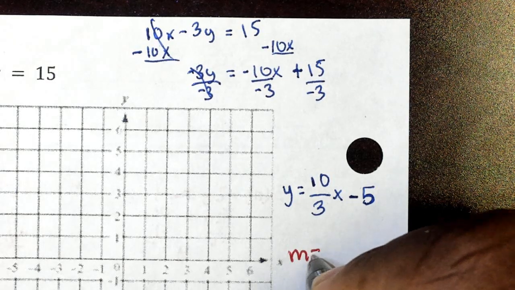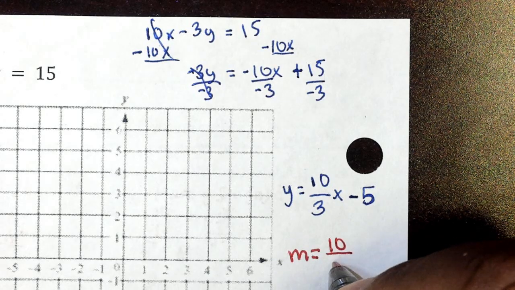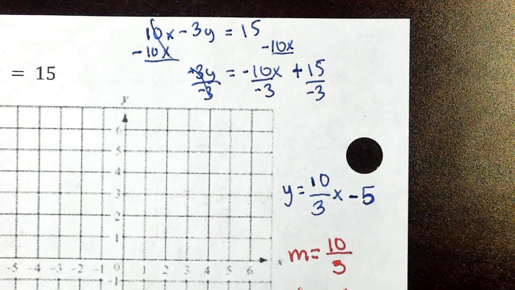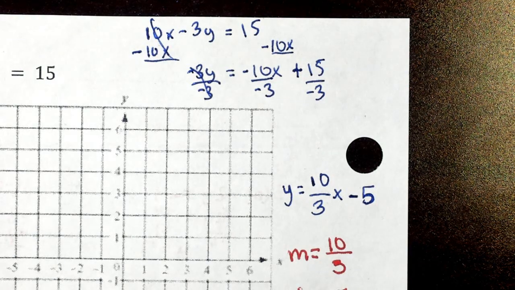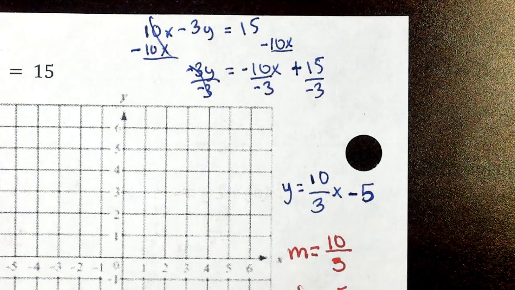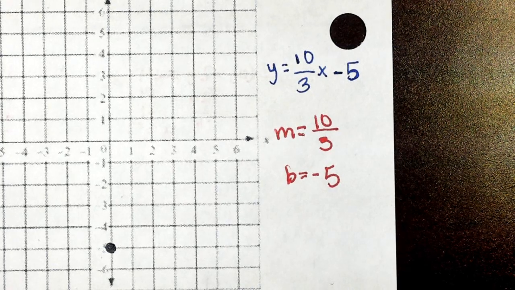Based on that, what's my slope? Intercept. Graph the intercept first. Negative 5. And then the slope is, my bad, slope is 10 over 3. I don't feel like counting up 10, so I'm going to do some math. I'm at negative 5. Plus 10 will take me to positive 5. So that's my rise.